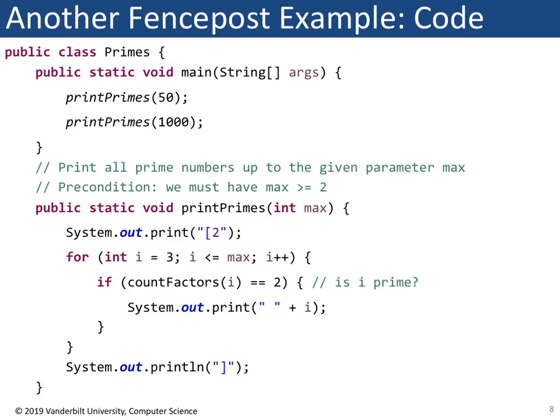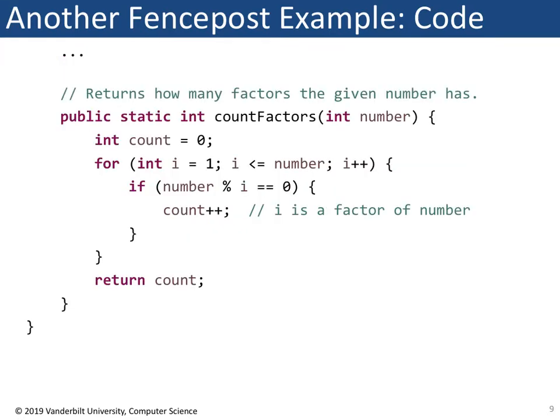Now, let's look at our countFactors method. CountFactors is fairly straightforward. We are going to return an integer value, and we are given some number that we wish to know all the factors of. So we start by initializing our count variable to 0, and we begin to loop through all the numbers from 1 to this number. And for each i, we are checking to see if number mod i is equal to 0, just like we discussed.